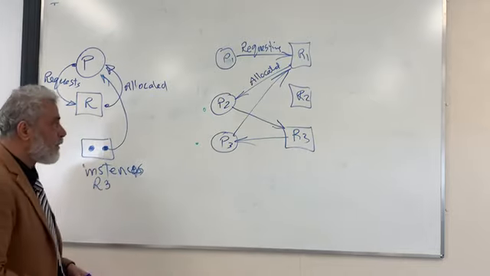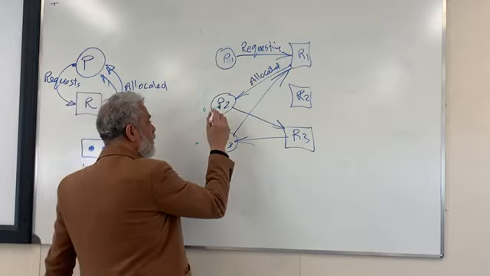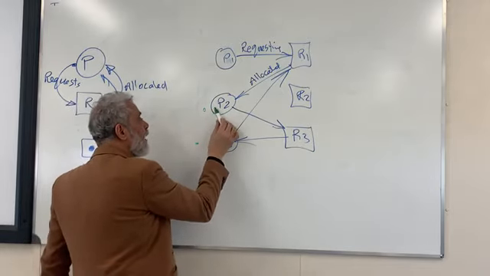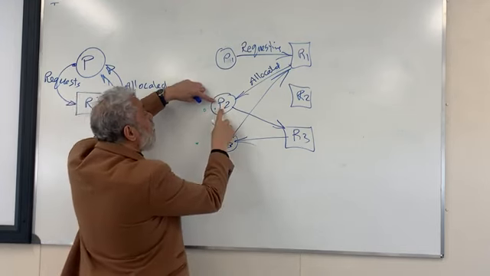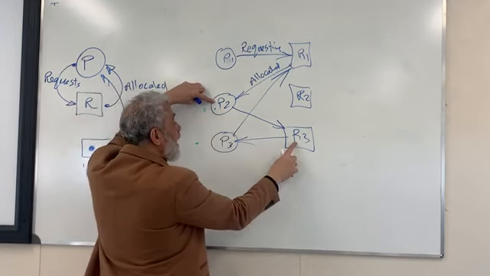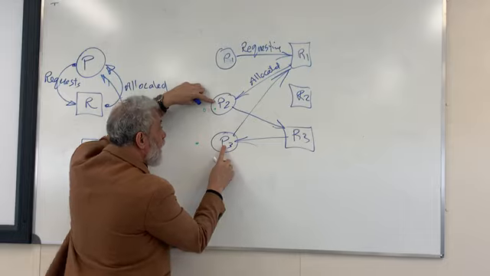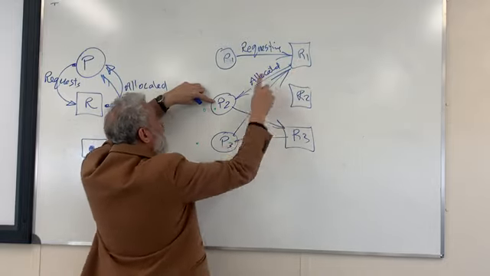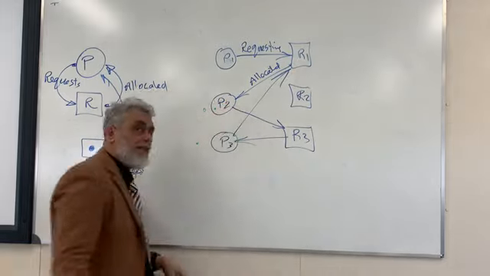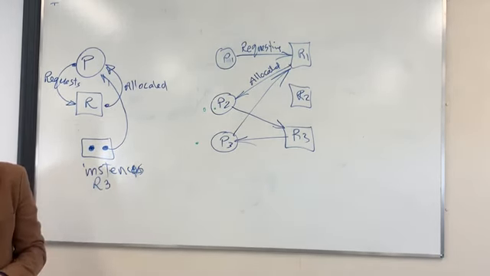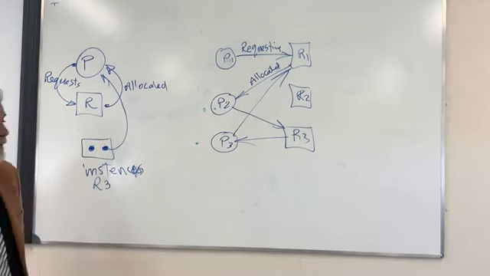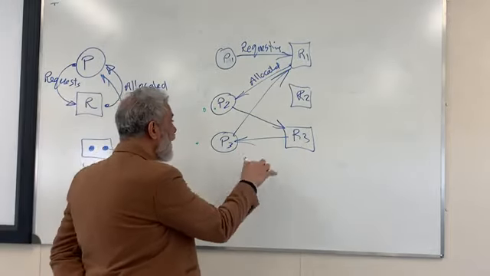Let's take another one, process number 2. We start at this point and see if we can come back to the same point. From process 2, we go to resource 3, follow the arrow to process 3, we go to resource 1, back to process 2. Now we have a circular way. The arrows bring us to the point where we started from. Now we need to write it down.